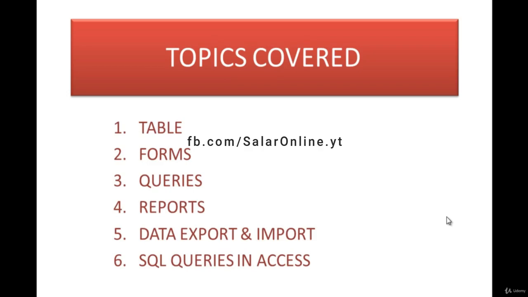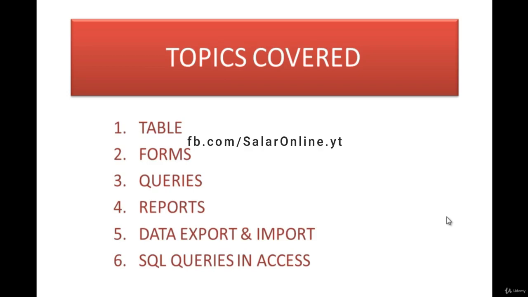This means it's making things very easy for you. Here in Access also things are easy, but you will have to type a particular command in order to get the desired result. Desired result from where? From a table. So you can create queries out of a table, or you can create queries from queries themselves. And how you are going to do that, we will learn in this particular program.